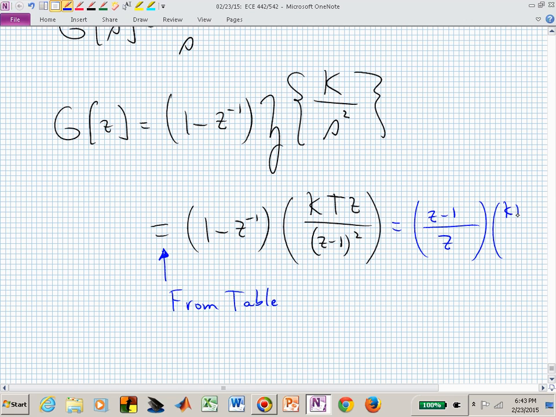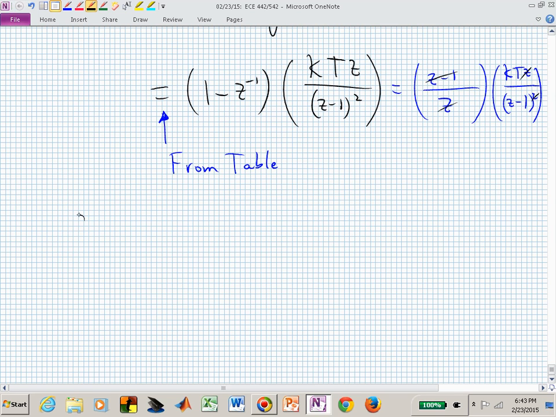We have k Tz over z minus 1 squared. One of those z minus 1 factors gets canceled. The z gets canceled. And now our g of z, our zero order hold equivalent of a pure integrator with a gain of k, becomes kT over z minus 1.